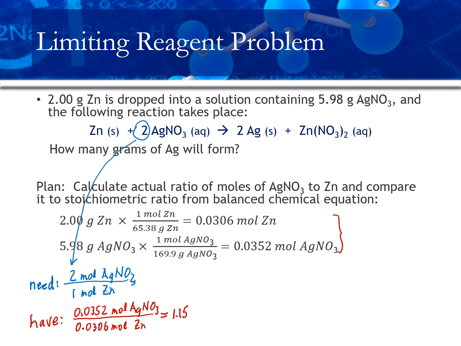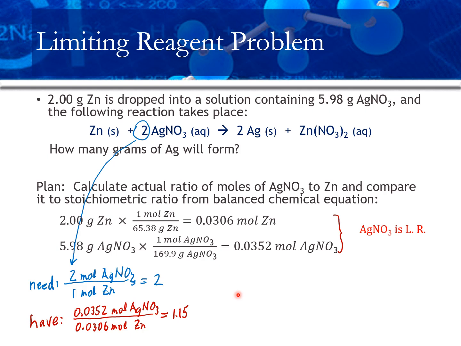Up here, I need twice as many moles of silver nitrate as zinc. That's what this ratio tells me. But I only have 1.15 times as much silver nitrate as zinc. I don't have enough silver nitrate.